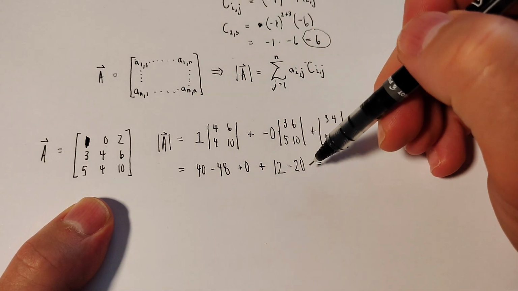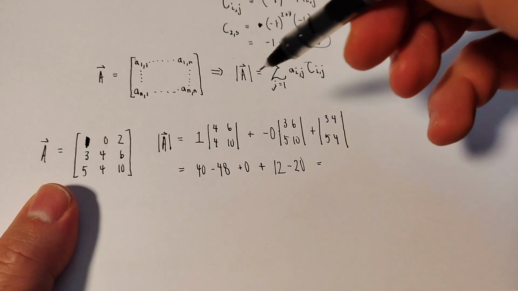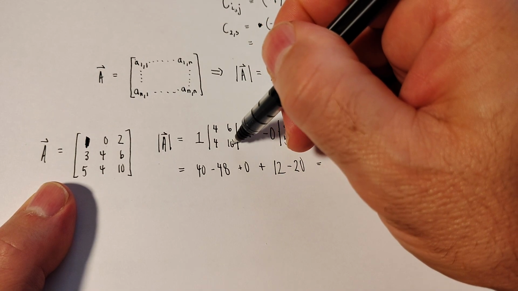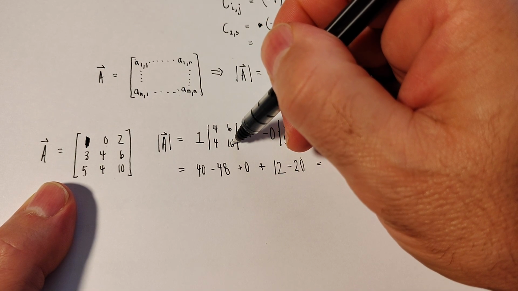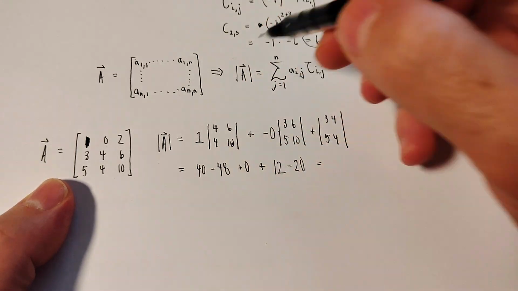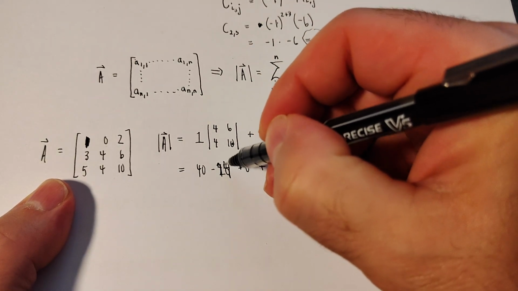Plus 12 minus 20 is, hold on a minute. 40 minus, oh. Why did I think this was 48? This is 40 minus 24, folks.